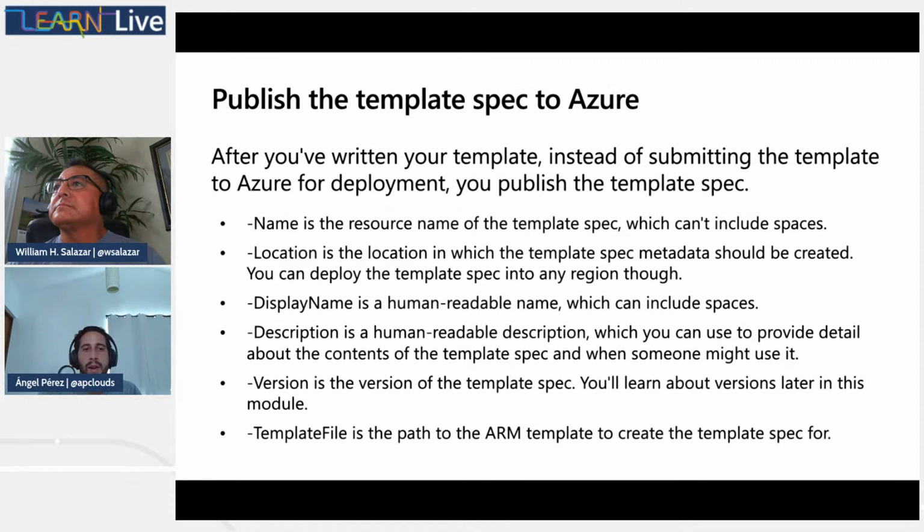Moving on. All right, so after you author that first template, you publish it as version 1. You might end up making some changes to it and publish it as version 2, and so on and so forth. The main thing to always keep in mind is a template spec's name has to be very descriptive as to what it's going to do.